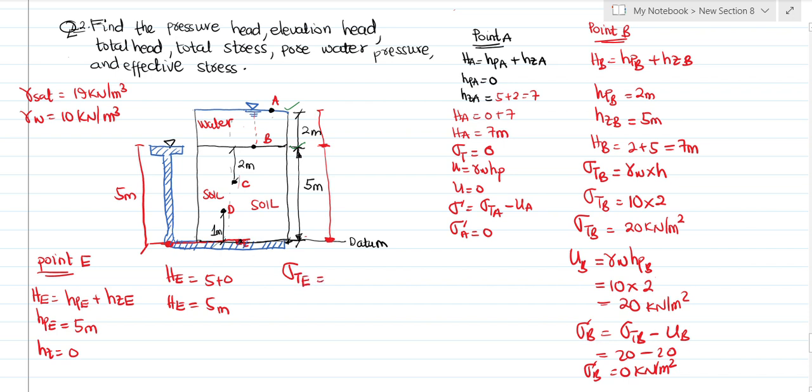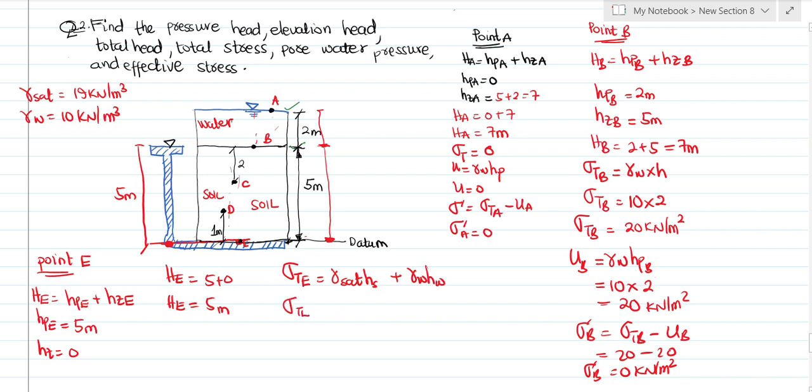So this E, the things that E is carrying: this whole material is what E is carrying, right? That's the whole material. So E is carrying the soil and the water. So the total stress is gamma sat times the height of the soil plus gamma of water times the height of the water.